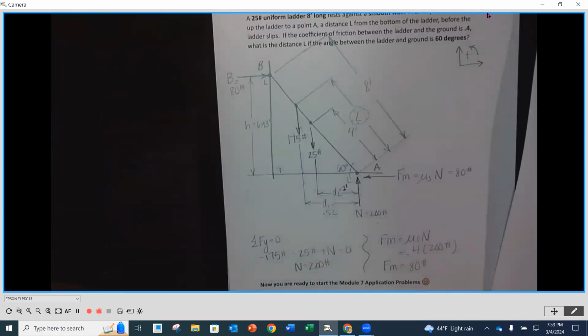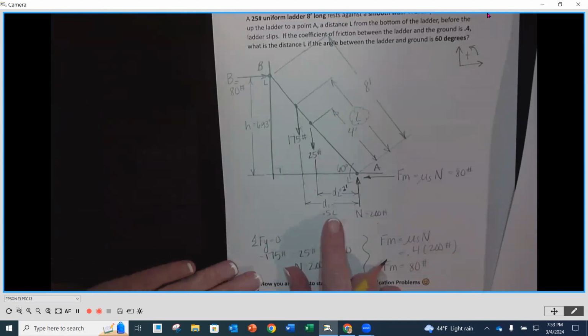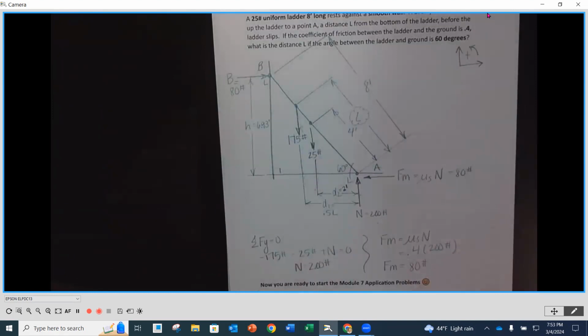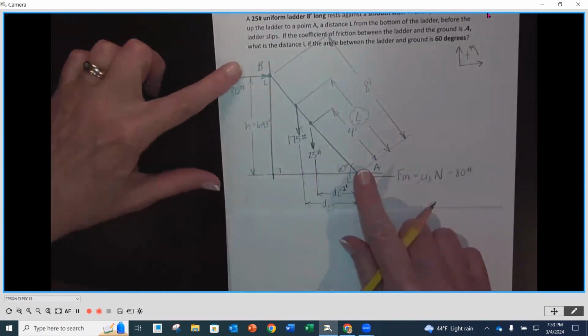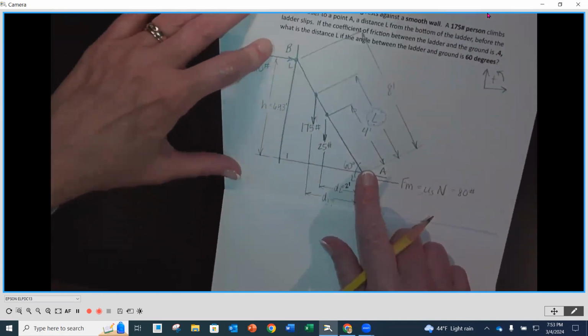All right. So now we're going to sum our moments around point A, and we should come up with a value of L. So in place of D1, the perpendicular distance, we'll put 0.5 times L. So let's do that together. I'm going to put my finger on A. I'm going to start with B, and I'm going to rotate in the direction of that force.